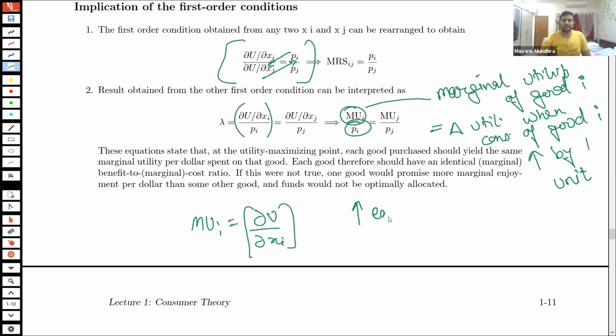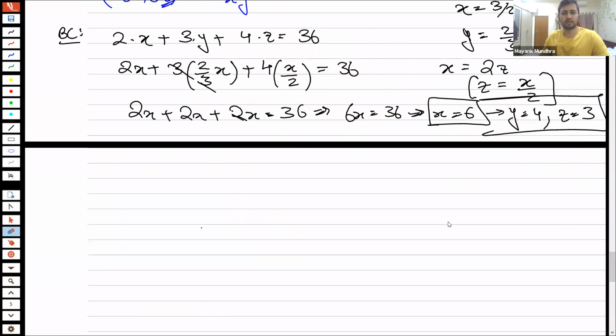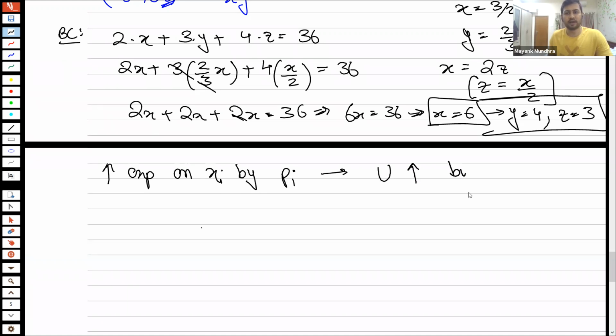Okay. So if you increase expenditure on good Xi by Pi, utility increases by MUi. Okay. So Pi is some number, MUi is some number. I don't know what these numbers are. Pi could be 10, MUi could be 0.7. There are some numbers I don't care about, but they are numbers.